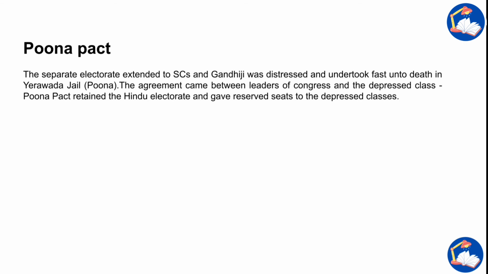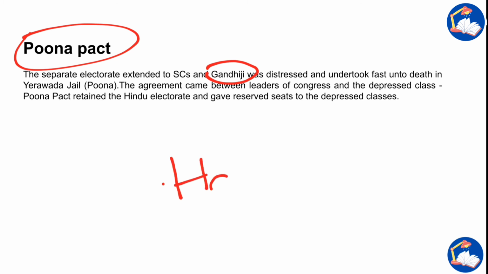And another important act, between B.R. Ambedkar and Gandhi: the Poona Pact. When the separate electorate system came into being, the scheduled castes and scheduled tribes wanted separate electorates, but Gandhiji opposed this idea because he wanted the depressed class people to be in the forefront, to have recognition.